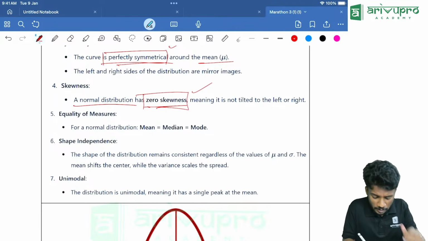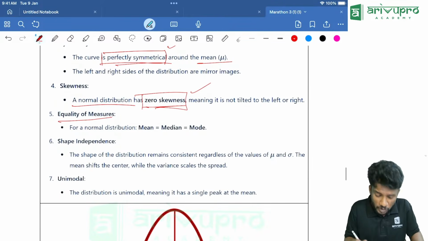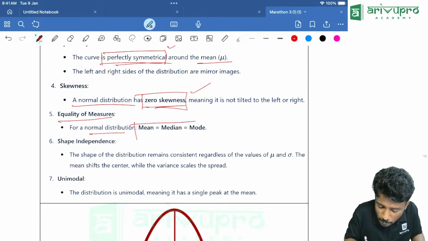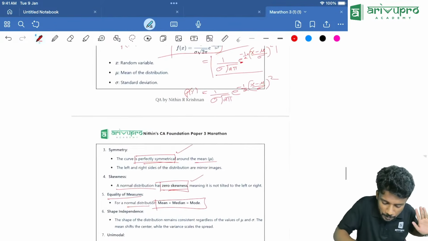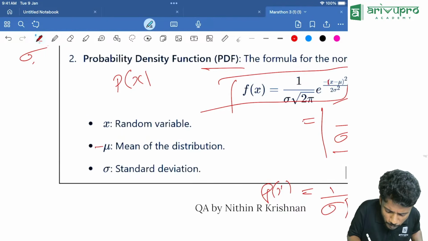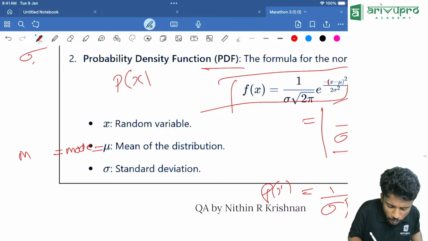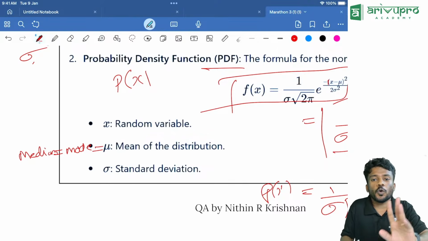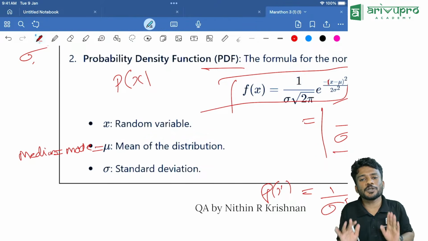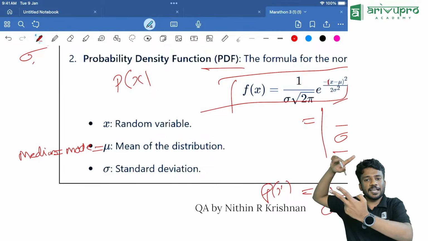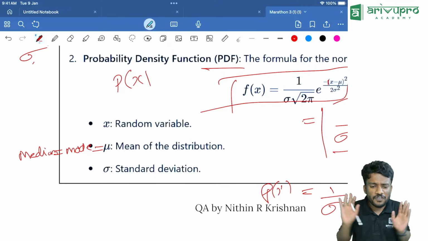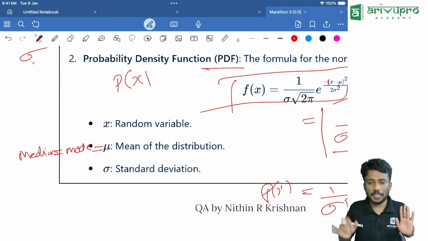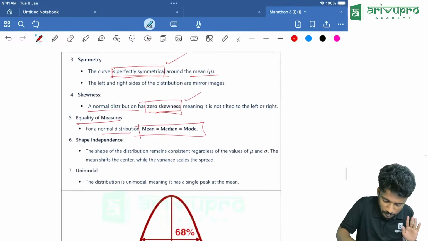Then one more important thing. Equality of measures. In normal distribution, mean is equal to median is equal to mode. So people, if you look into this, mu can also be called the mode. It can also be called the median. So in normal distribution, this mu is mean as well as mode as well as the median. Everything is there properly. Now next one.